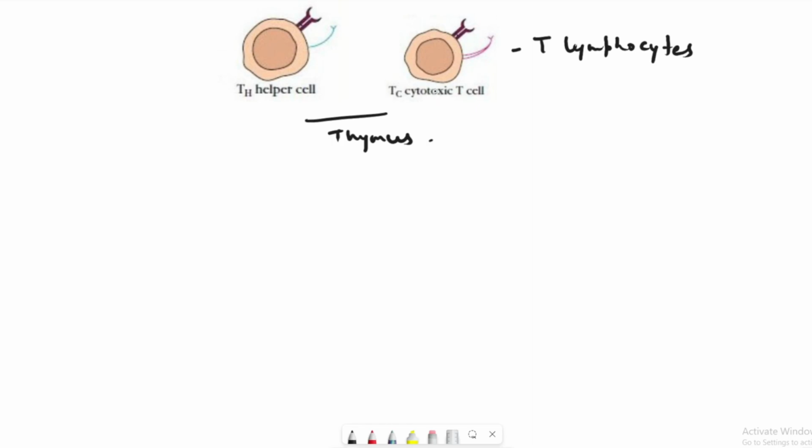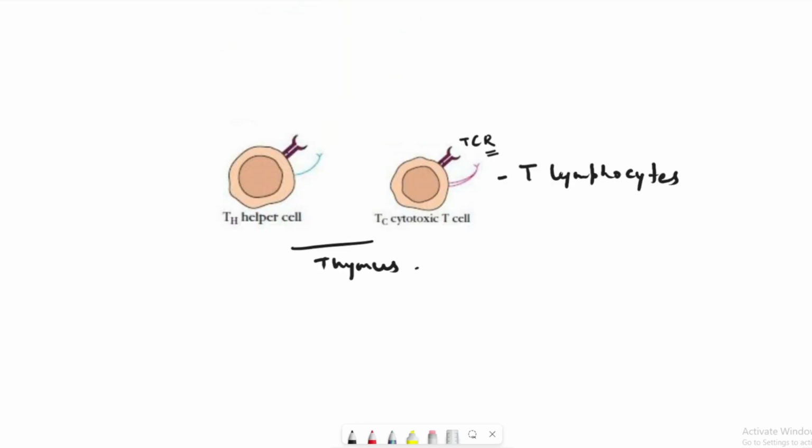Unlike the membrane bound antibody on the B cell, though, the T cell receptor does not recognize free antigen. Instead, the T cell receptor recognizes only antigen that is bound to particular classes of self molecules. Most T cells recognize antigen only when it is bound to a self molecule encoded by genes within the major histocompatibility complex, MHC.